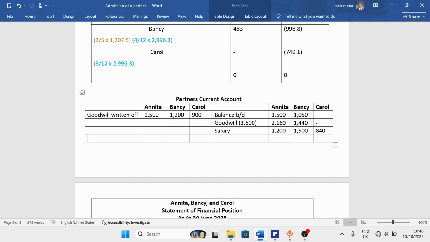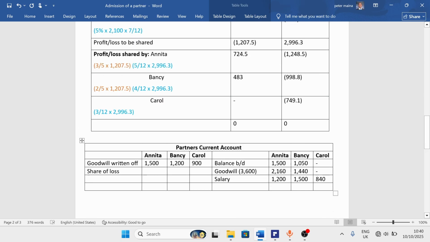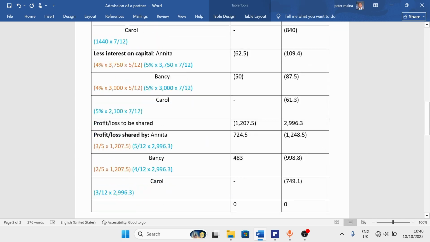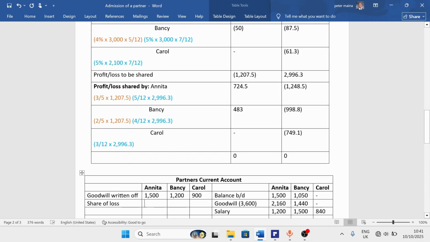So next, we are going to record the share of profit and loss. If it is a loss, we are supposed to debit the current account. So let us start with the loss. Share of loss for Anita and Bansi. This is for the first period.